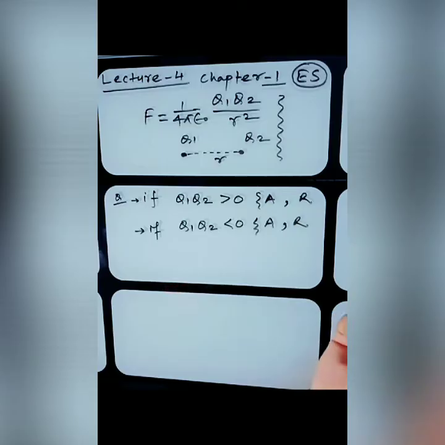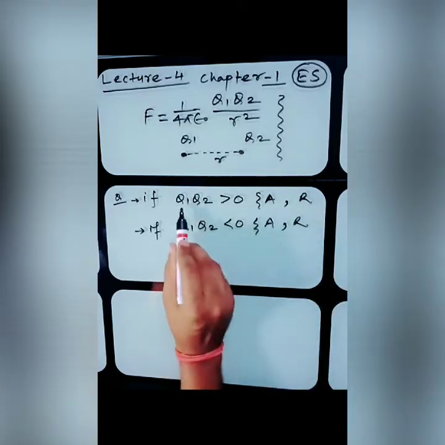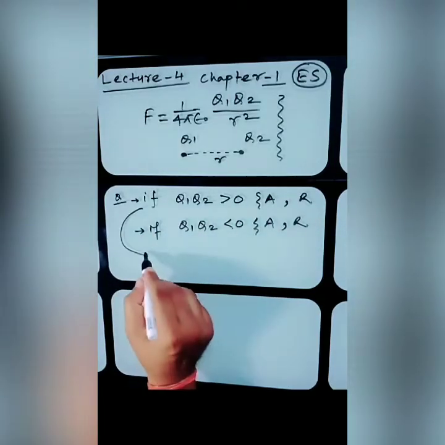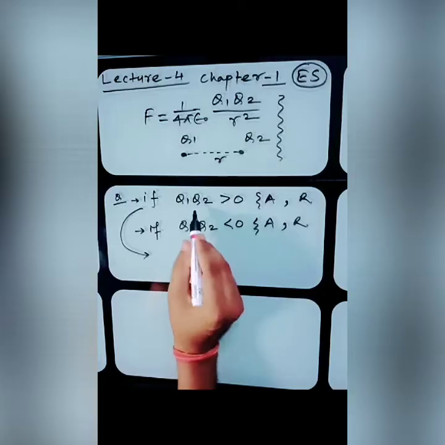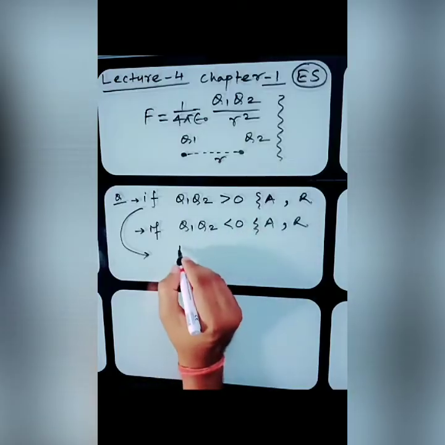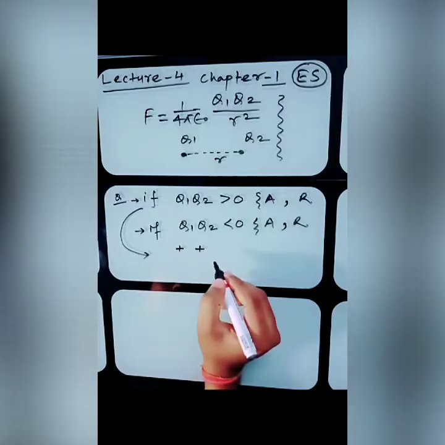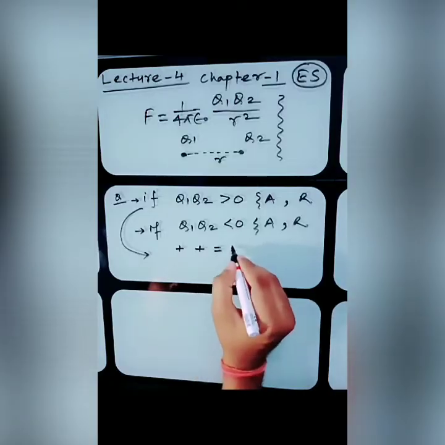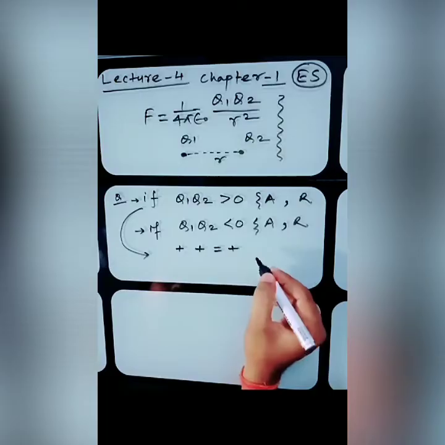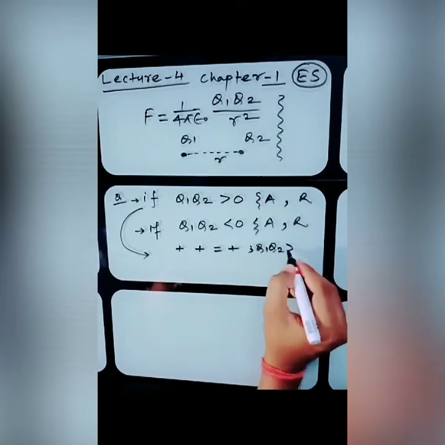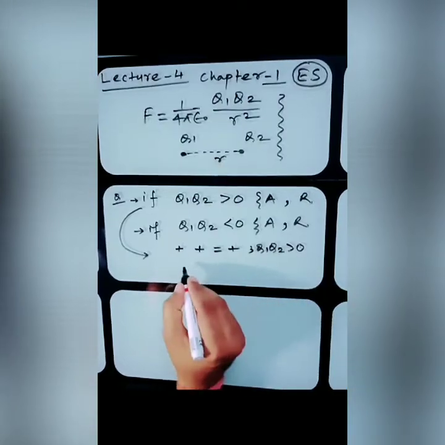Let me tell you the answer. If the product Q1 Q2 is positive, what are the possibilities? Either Q1 is positive and Q2 is positive, then the product is positive, Q1 Q2 greater than 0.